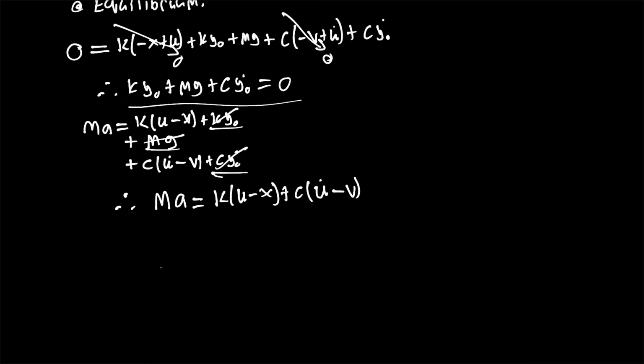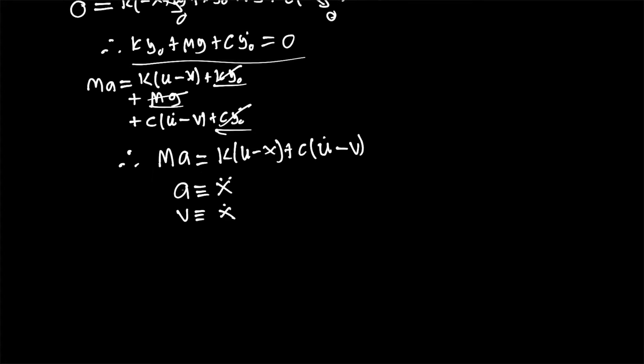And we're going to change notations here. Our acceleration, we're going to redefine that as x double dot, where the dot is just denoting a derivative with respect to time. Therefore, acceleration is the second derivative with respect to time of our position x. And similarly, v is simply x dot, and that way we have everything nice and neat within the equation.